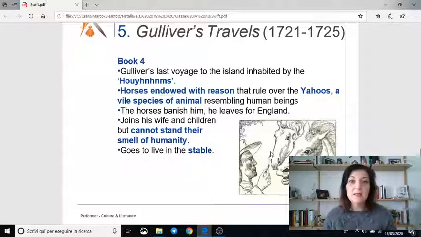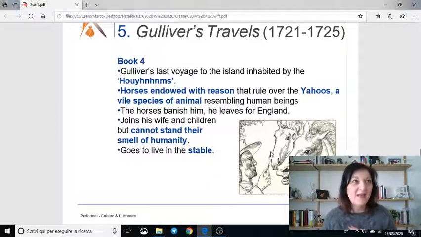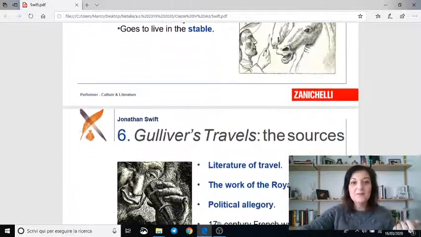The horses banish him because he is considered inferior to them, and he leaves for England. He goes back to England, and he joins his wife again and his children, but he goes to live in their stable, because he prefers the presence of horses to the smell of humanity that he can smell in his house. Okay, and here we will see what the satire is, even though it looks or sounds obvious.